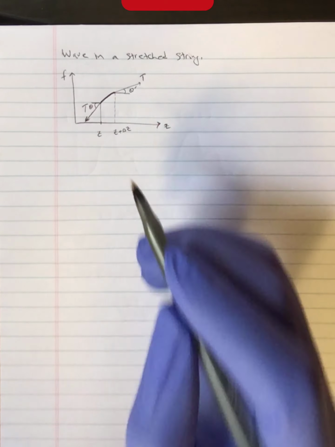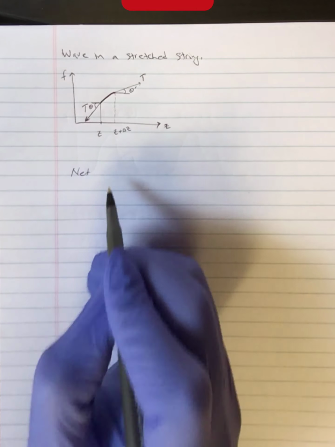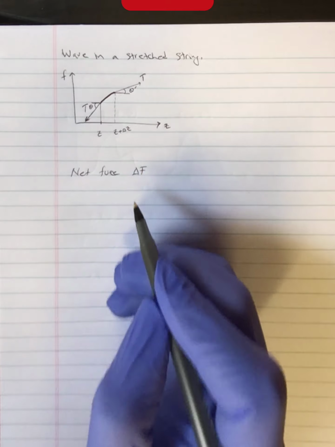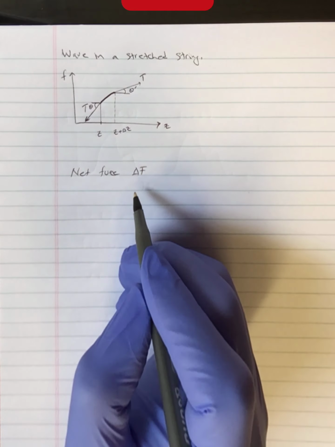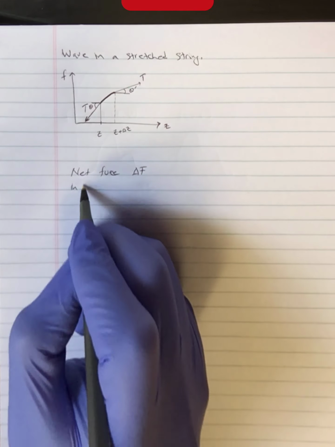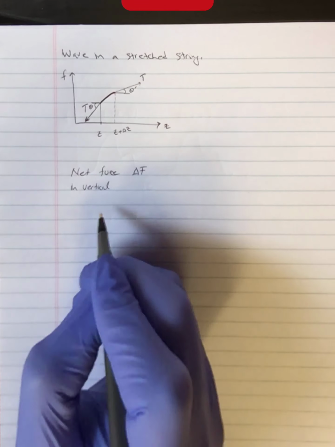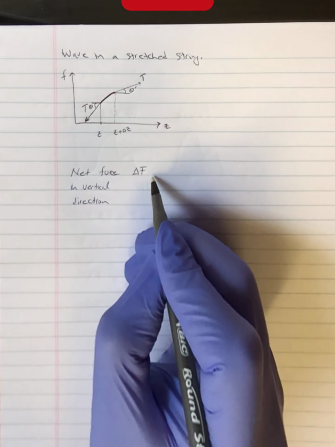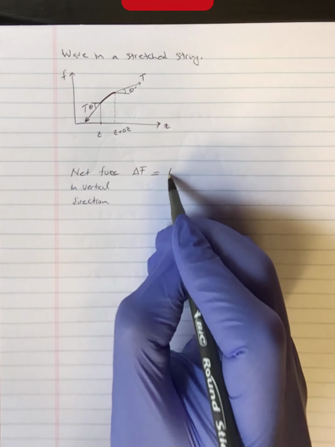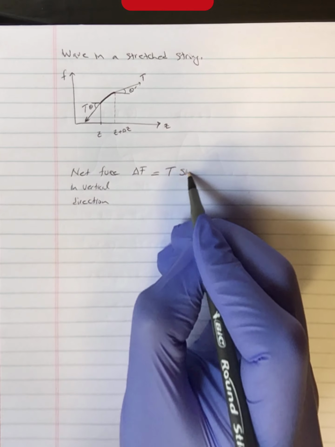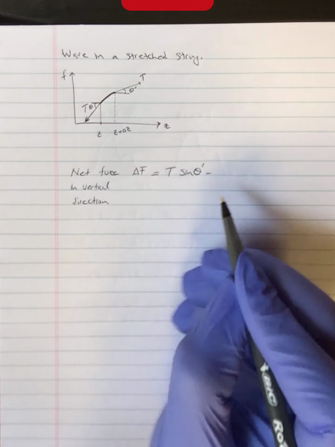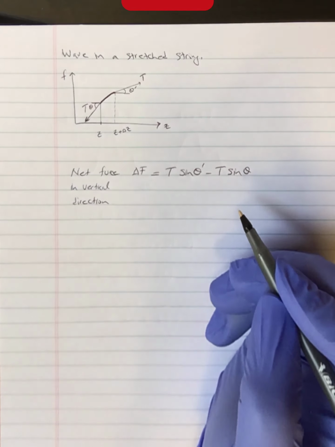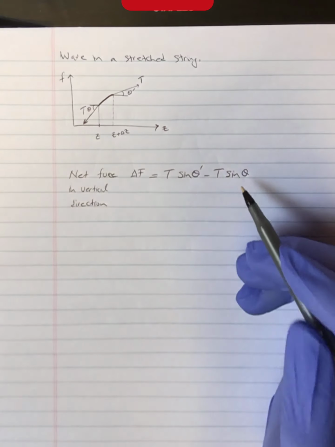So the net force, I can write the net force, delta F in the y direction, in vertical direction, is T sine theta prime minus T sine theta. Okay, so this is the force that it is experiencing.